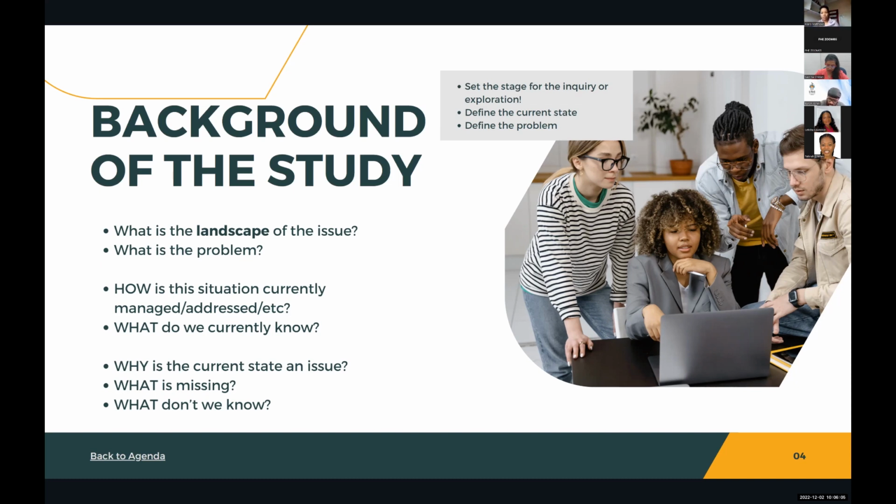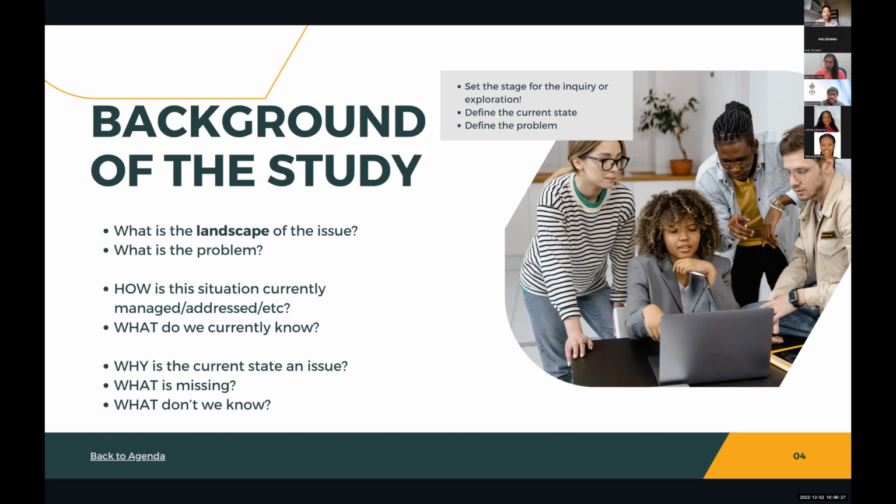We don't use this form of language. Those types of things. And what do we currently know? We know that the sky is blue in the day and it's not as blue in the night, those very straightforward things. What do we know for a fact? Very concrete things you want to be able to identify.